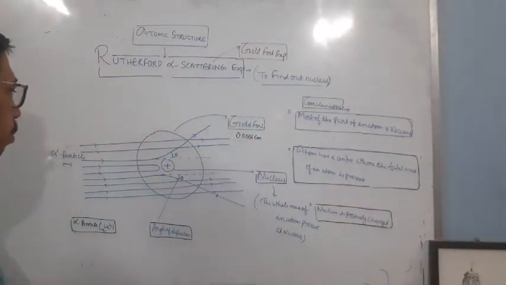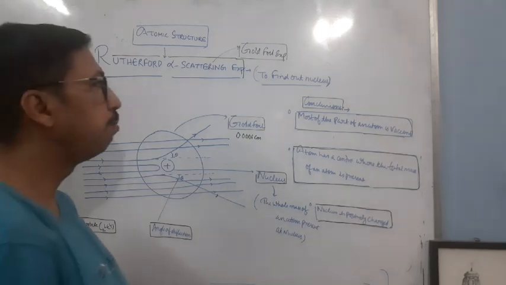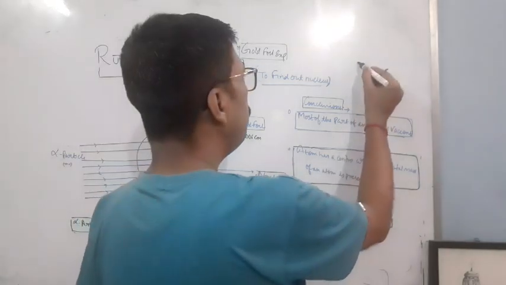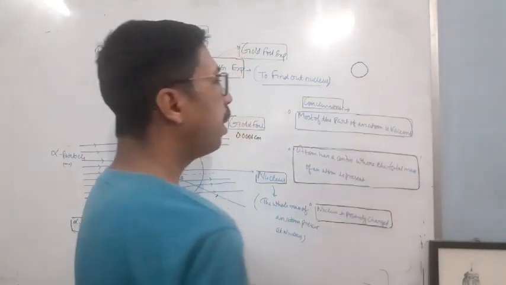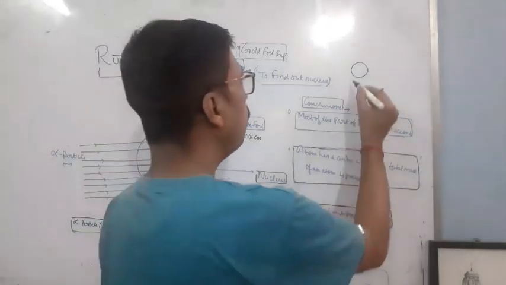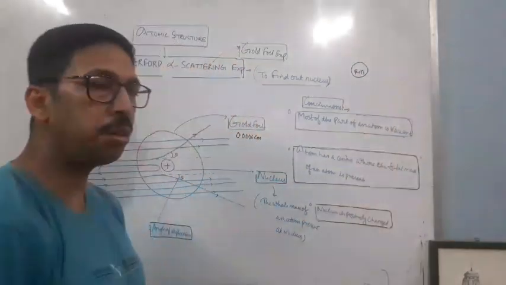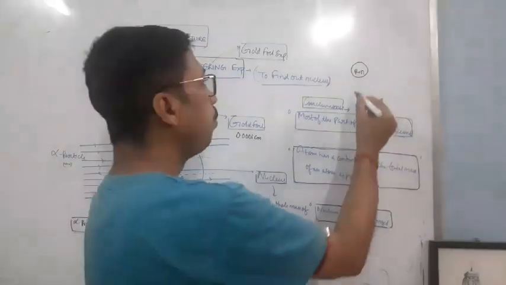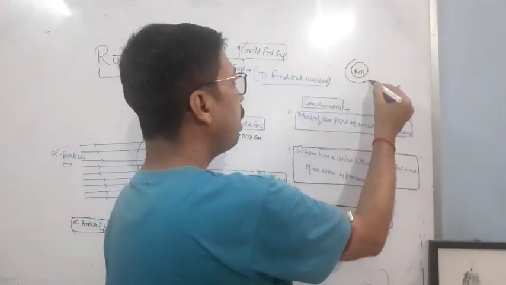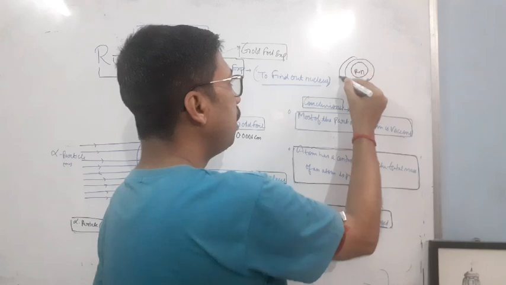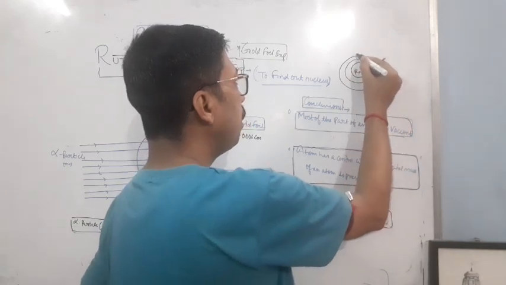So this can be shown diagrammatically. This is the center of an atom where protons and neutrons are present, and around the center there are circular paths.